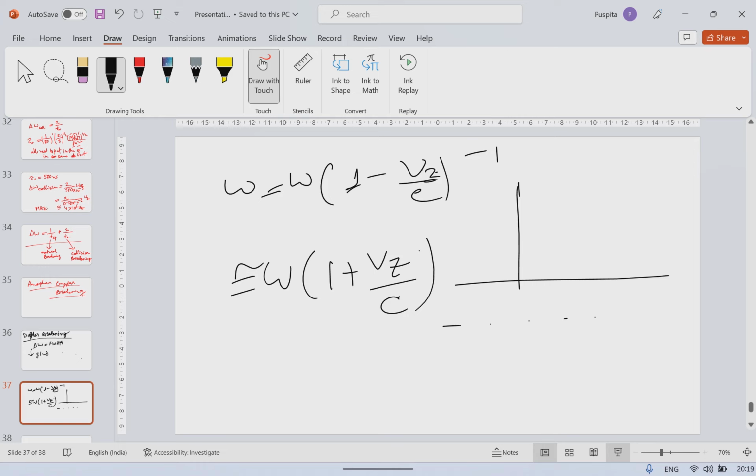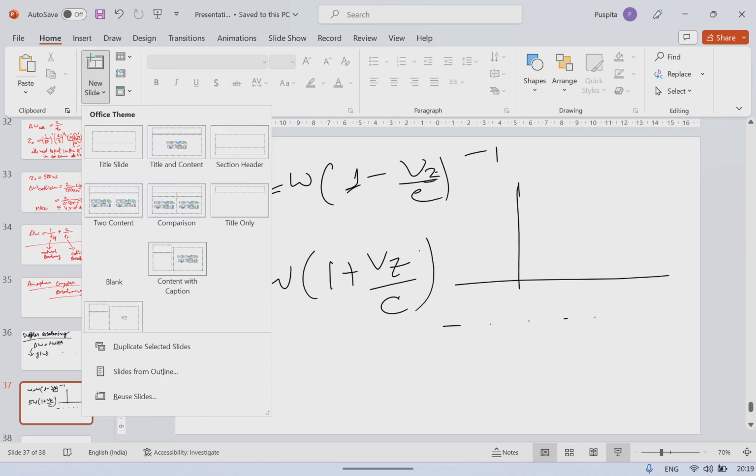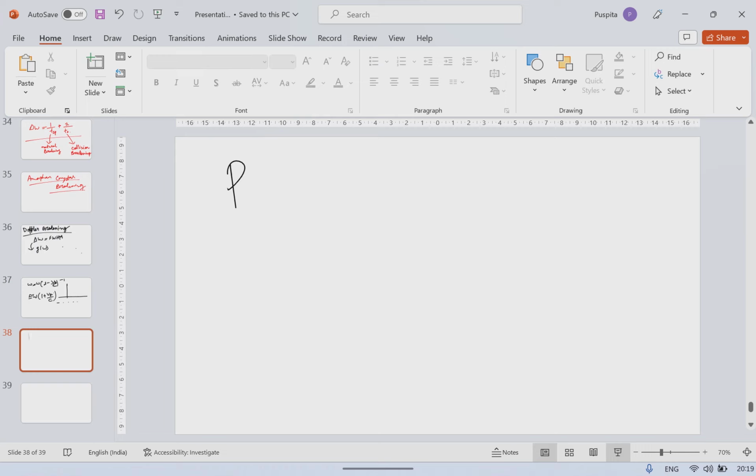So what will be next? Also here there will be a probability term, like the collision: the probability that an atom has a z component of velocity lying between vz and vz plus dvz is given by the Maxwell distribution, and that will take part in the Doppler effect.